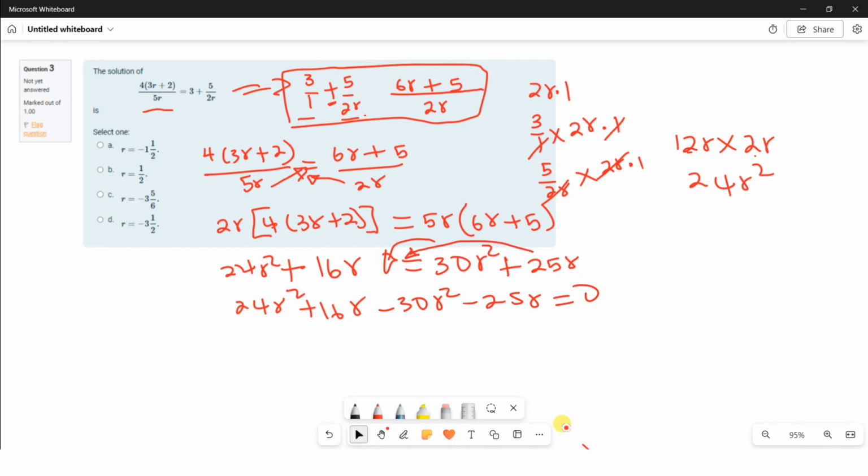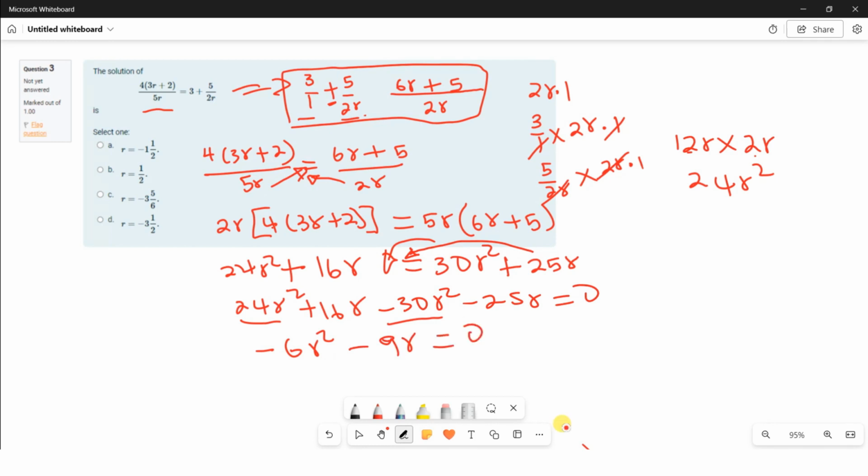Once you have something like this, you need to focus on the like terms. This one and this one are like terms, because they both have r square. So 24r square minus 30r square gives us negative 6r square. Then 16r minus 25r gives us minus 9r, equals 0.